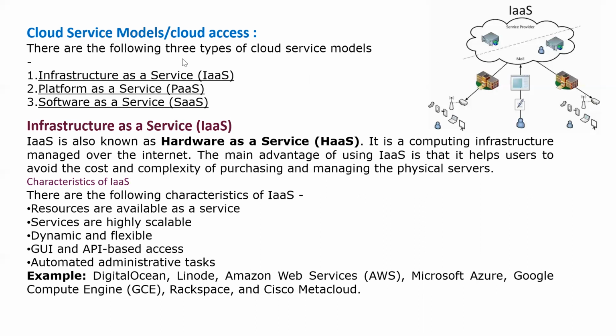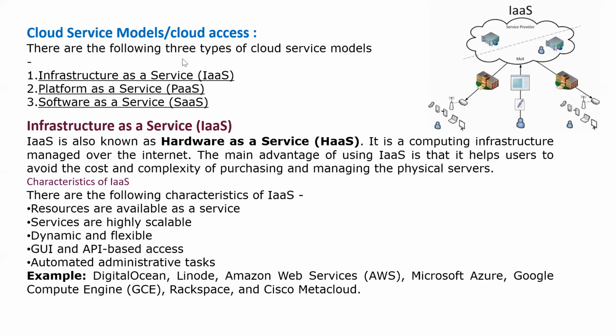Some of the characteristics of infrastructure as a service are, as you can see here, resources are available as a service. So storage is available as a service. Networking facility is available as a service. And the most general advantage of your cloud system is its scalability.